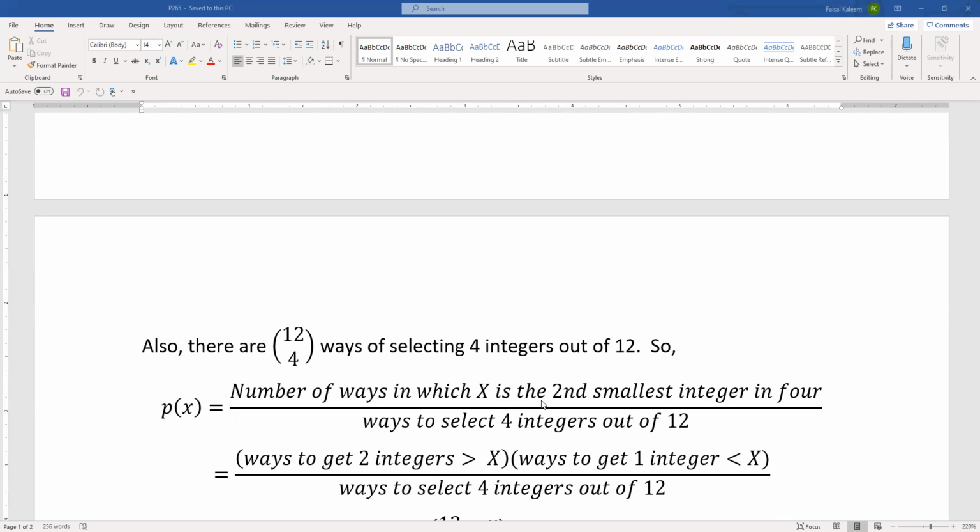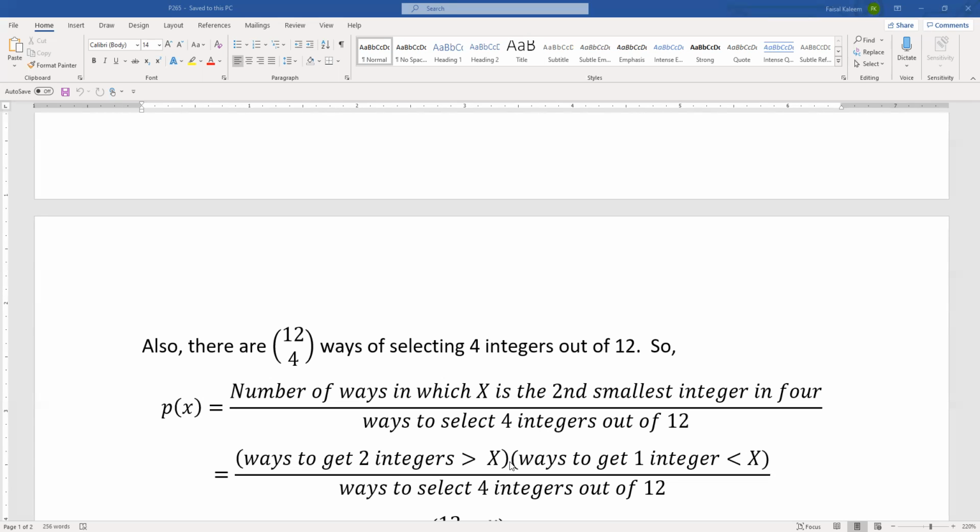And the number of ways in which x is the second smallest integer is the same as the number of ways to get 2 integers greater than x times the number of ways to get 1 integer less than x. Because for x to be the second smallest integer, 2 integers have to be greater than x, and 1 integer has to be less than x, and you know and means multiplication.